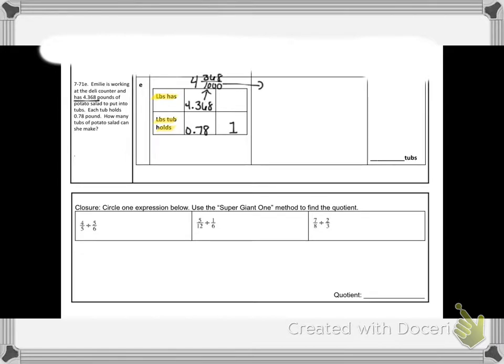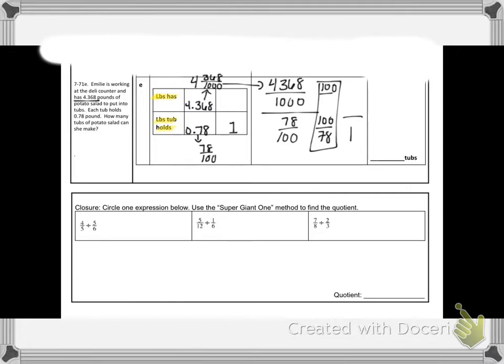That is going to transfer to 4 groups of 1,000, which is 4,000, and your 368 over 1,000, divided by 0.78 is in the hundredths place, so 78 over 100. Giant 1, to get the 1, means we're going to do 100 over 78.